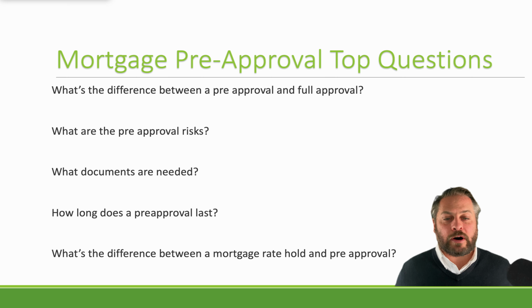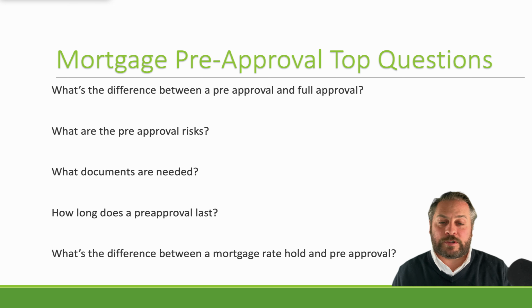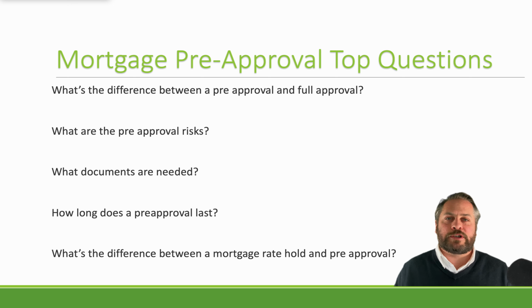All right, so here are the top mortgage pre-approval questions that I get on a weekly and sometimes even a daily basis. So what's the difference between a pre-approval and a full approval? The pre-approval is basically done before we have an offer on a house. So we don't know what house you're going to buy, but we have all the other information. We've got the income, the credit, and the down payment information, and so we know that the math works.